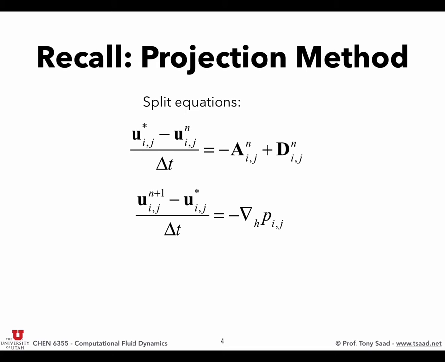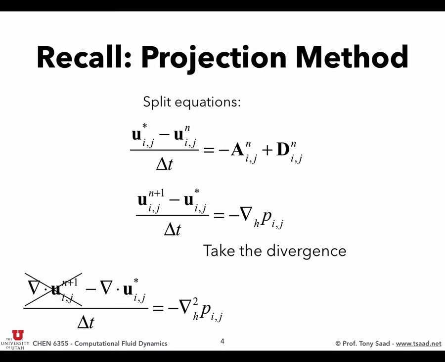From this equation, we can derive an equation for the pressure. If we take the divergence of both sides, we want to set div u^(n+1) to 0, so that gives us an equation for the pressure, and we're good to go. So we are all familiar with this now.